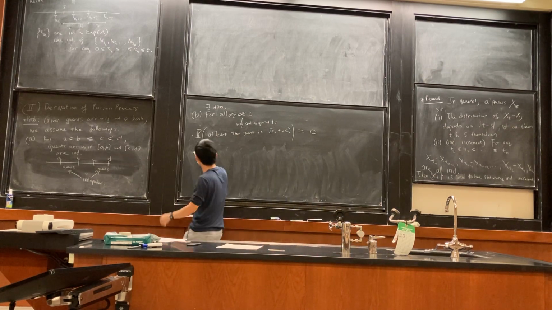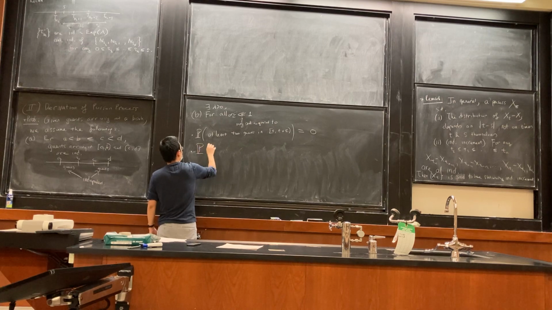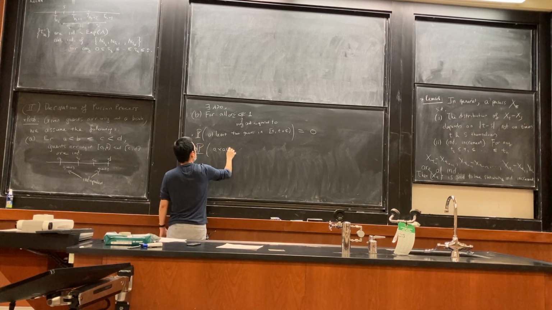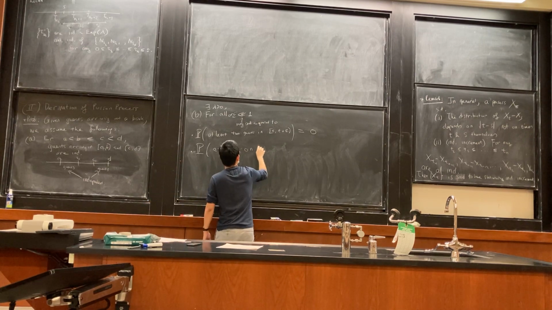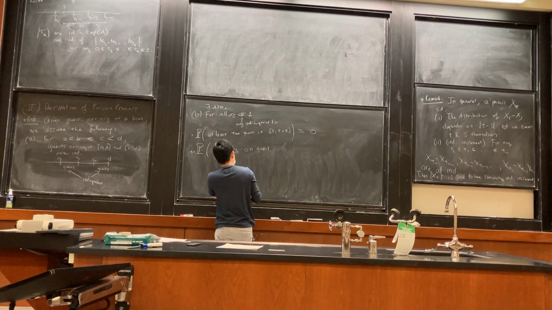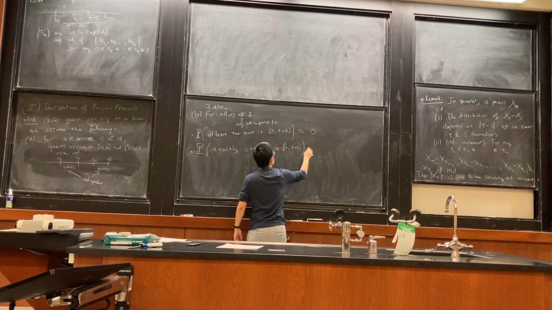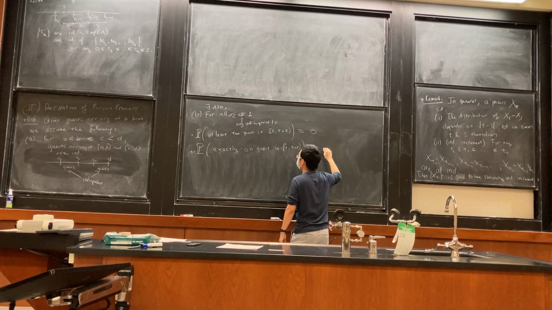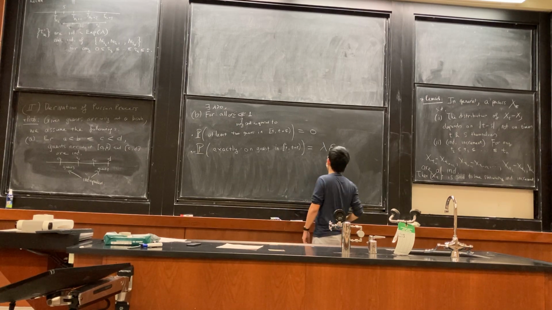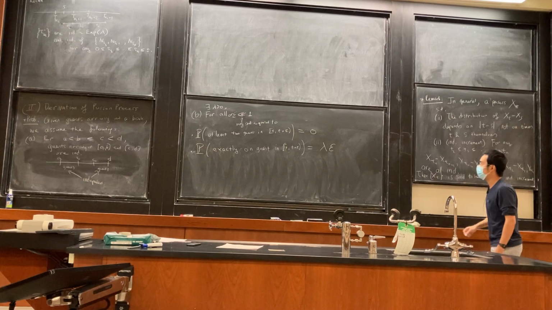In part 2, the probability of exactly one guest in this small time interval is approximately, let's say, proportional to epsilon. So lambda times epsilon.